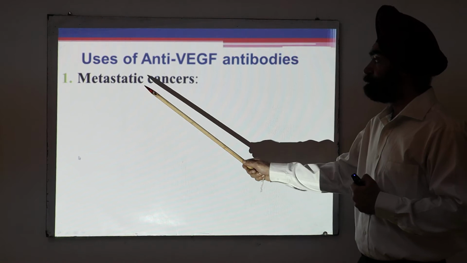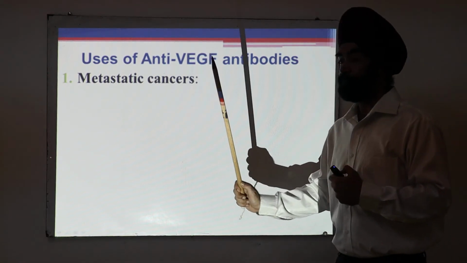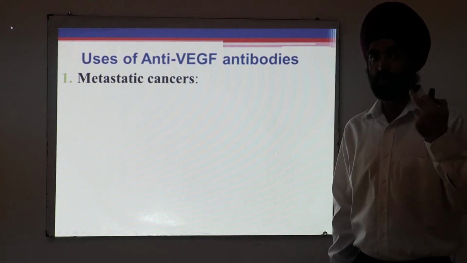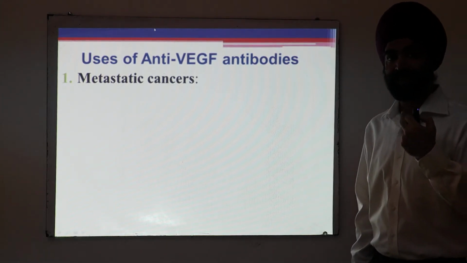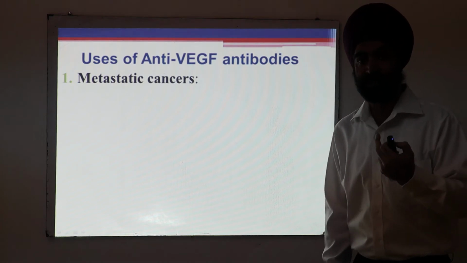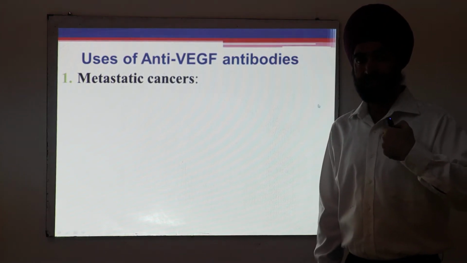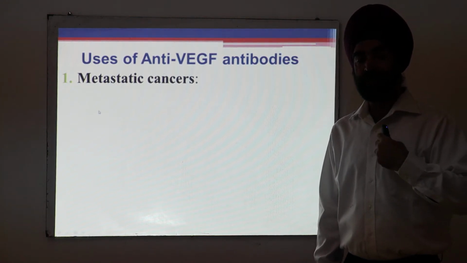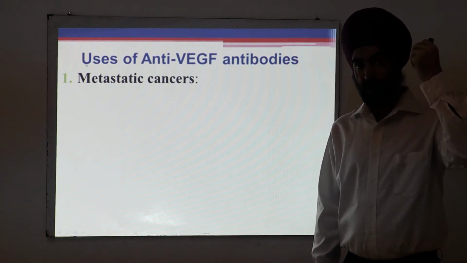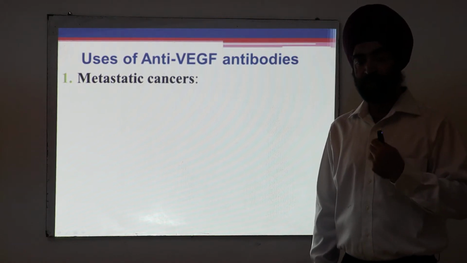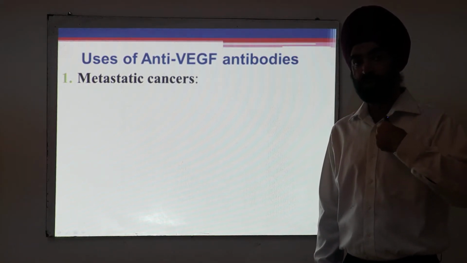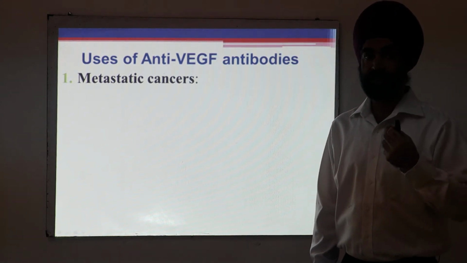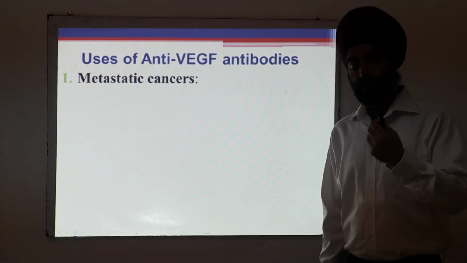Now, where can these antibodies be used? One example is metastatic cancers. Metastatic cancers mean the cancers which are spreading to the whole body. Let's say cancer is present in the lungs, and if this cancer passes from the lungs into the brain without involving other organs, that means directly from the lungs it is jumping and going into the brain, this process is called metastasis.